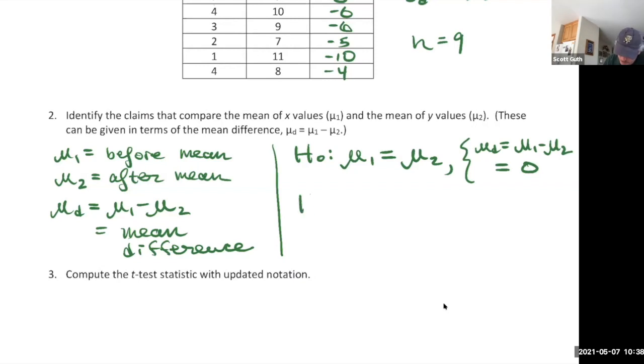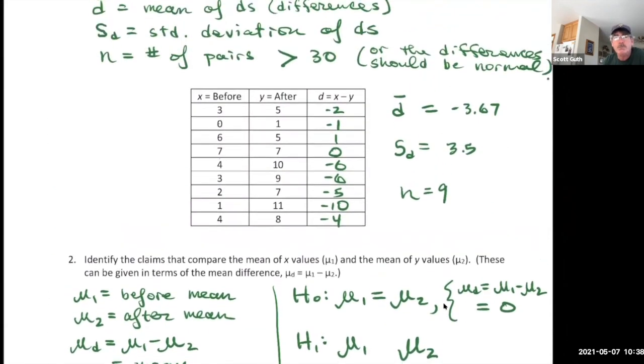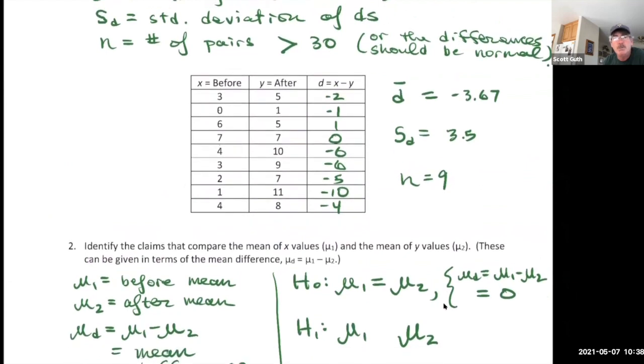The alternative hypothesis, you've got a choice. Mu1 is less than, greater than, or not equal to mu2. What do you guys think? If the treatment works, should mu1 be less than or greater than mu2? Remember, mu1 is the mean before the treatment.